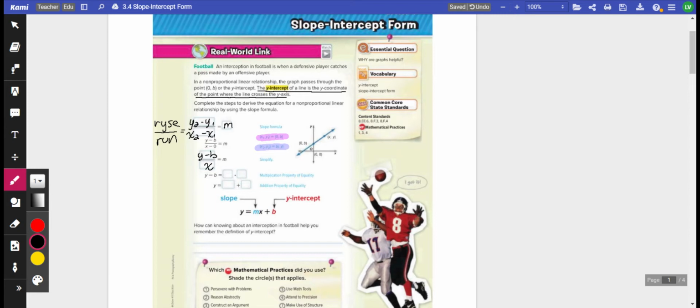So y minus b equals m times x, because what you do is you multiply both sides times x to get the y minus b by itself. Then, from there, you want to add b to both sides.